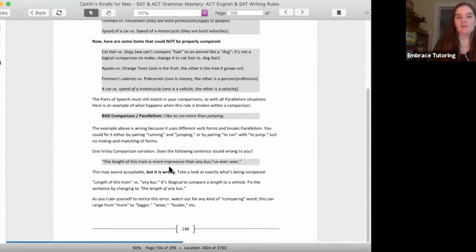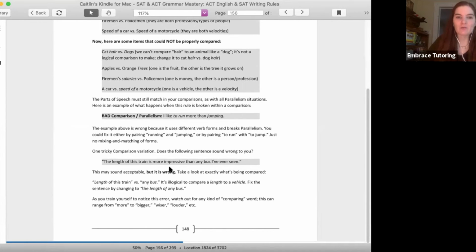For some that you can't compare, you have cat hair versus dogs. You can't really compare cat hair to an animal, to a dog. Okay, it's not a logical comparison. So you want to change it to cat hair versus dog hair. Okay, so you want the objects to match. What it is that you're comparing needs to match.